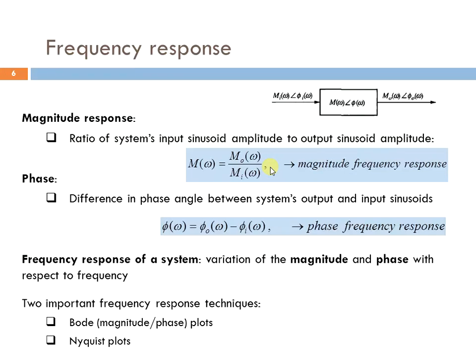Then we want to design a control system so as to have sufficient relative stability and satisfactory transient and steady state performance. So we use these two techniques, the Bode plots as well as the Nyquist plots, in combination to achieve this.